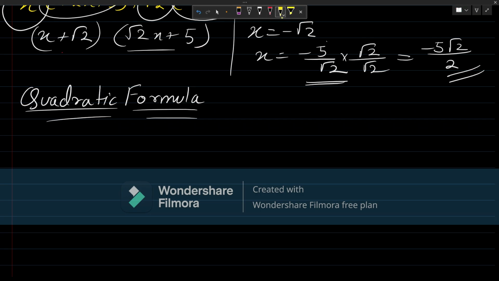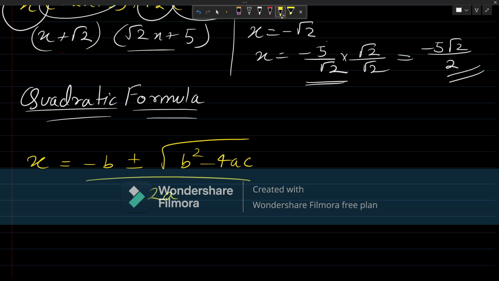x is equal to minus b plus minus root b square minus 4ac upon 2a. Now, there might be a doubt in your mind: why plus minus? It is because in the previous chapter you might have learned alpha and beta, that alpha plus beta is equal to minus b upon a, and we call alpha and beta the roots of the equation.